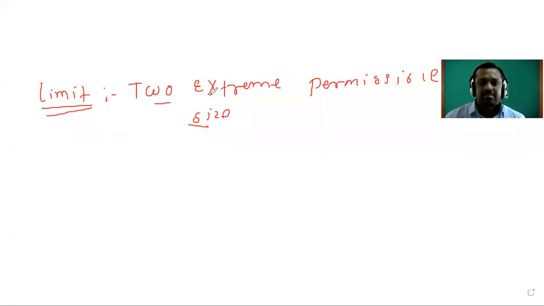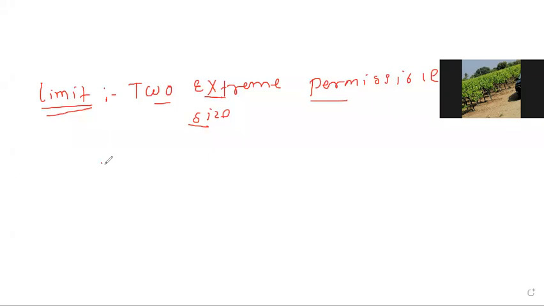Extreme म्हणजे जास्तीत जास्त काय असेल ते permissible. Suppose, for example, we take one example.